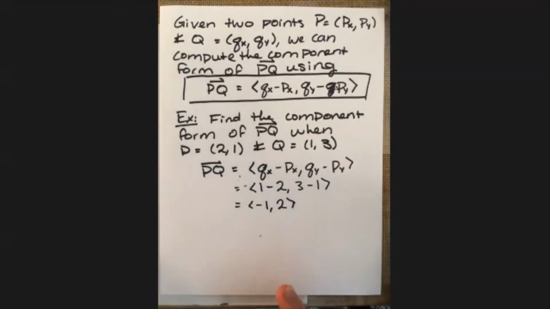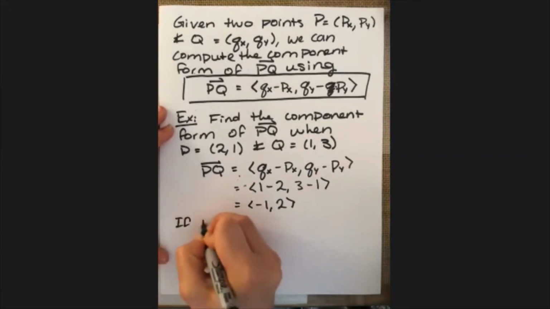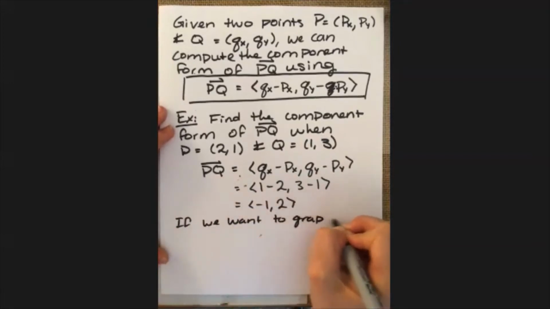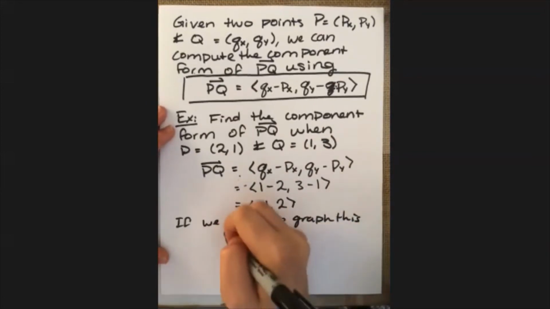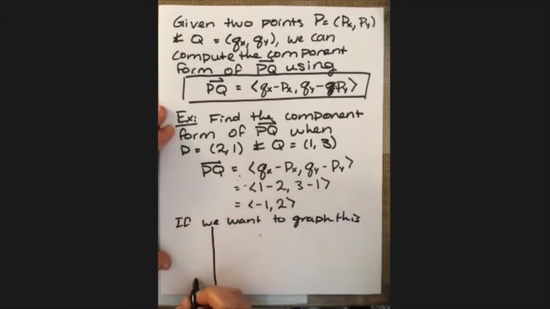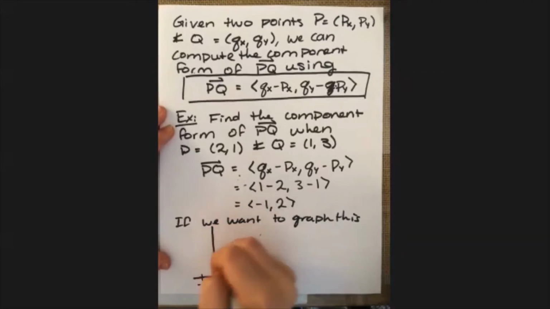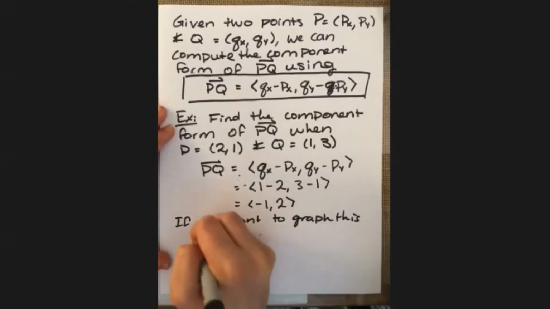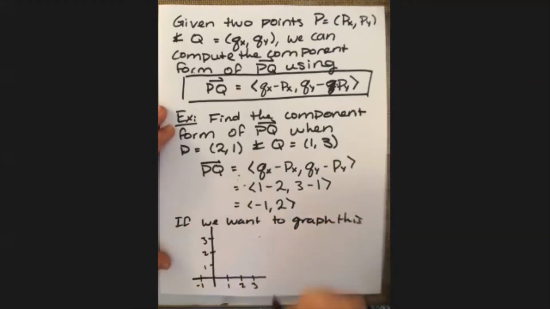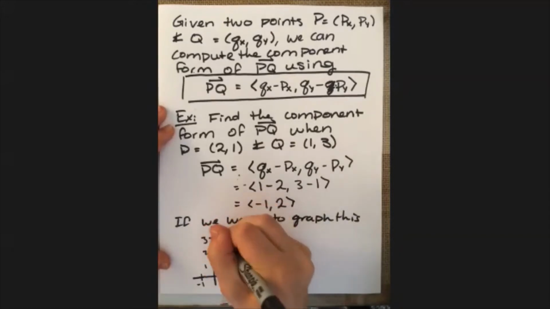And we can graph this and see what the relationship is visually between these two. So here is our coordinate plane. The point P was at (2, 1), right there, and our point Q was at (1, 3).